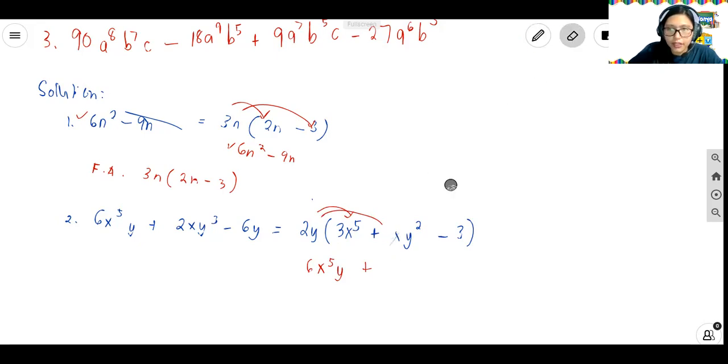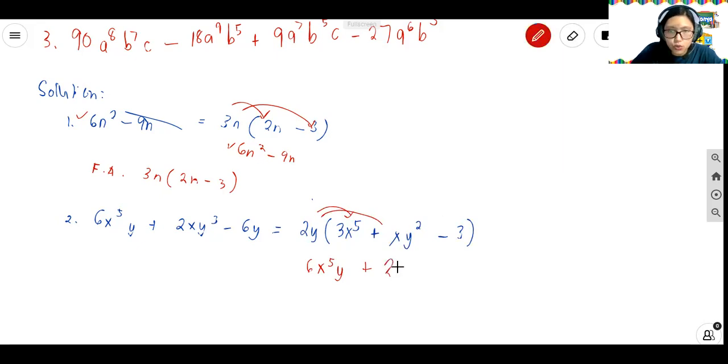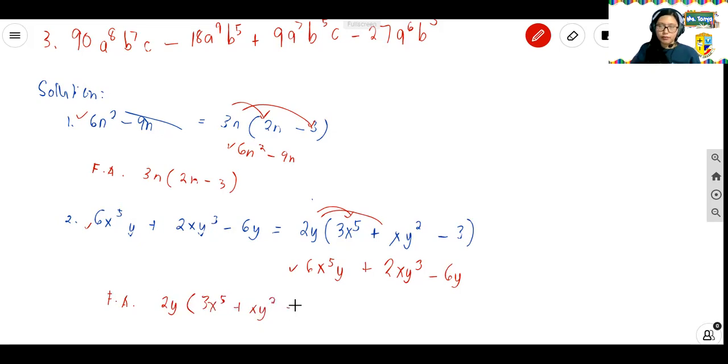So again, if we check, that means we have 2xy cubed minus 6y. Okay, so this one is the same already. Therefore, our real final answer would be 2y times 3x to the fifth plus xy squared minus 3.